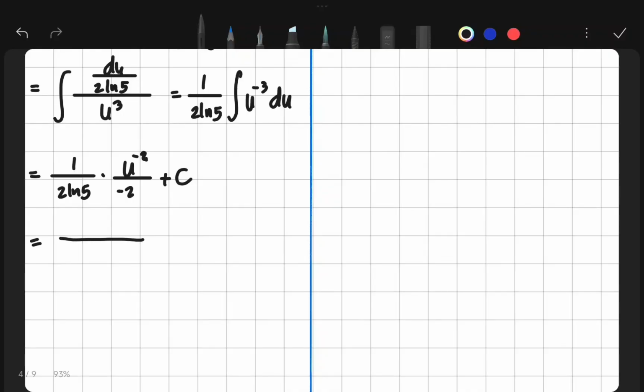So this will become negative 1 over 4 ln of 5, and our u is 5 raised to 2x minus 1, raised to 2, then plus c.